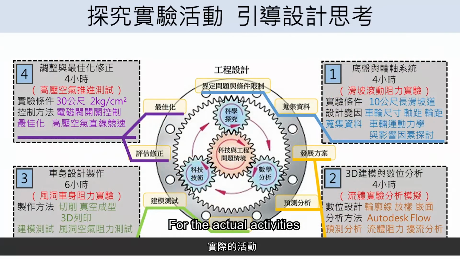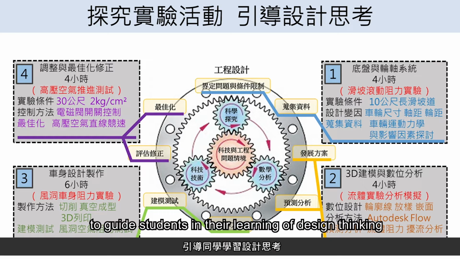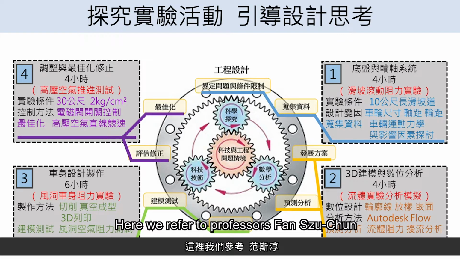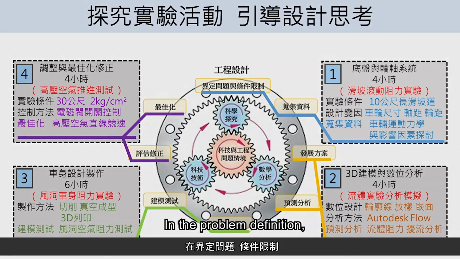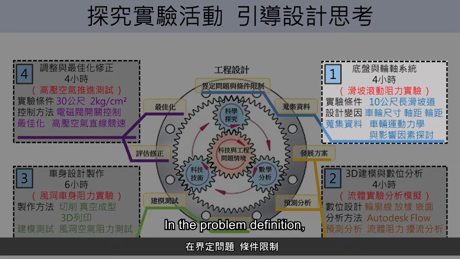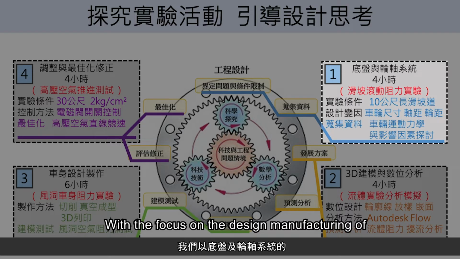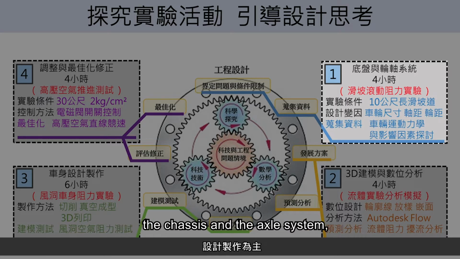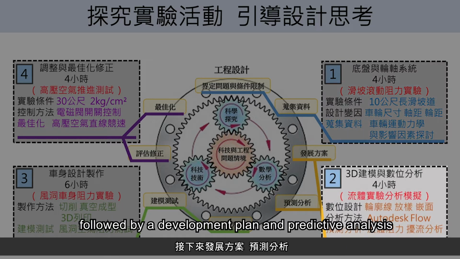For the actual activities, we have planned 4 exploration and experimental activities to guide students in their learning of design thinking. Here we refer to Professors Fan Sichun and Yu Guangzhao's engineering design process. In the problem definition, condition, restriction, and data collection stages, with the focus on design manufacturing of the chassis and the axle system, we arrange an experiment about rolling resistance on an inclined plane, followed by a development plan and predictive analysis.